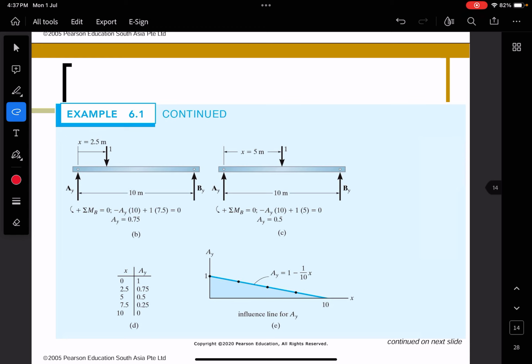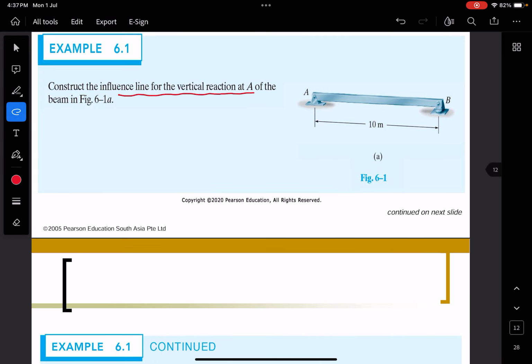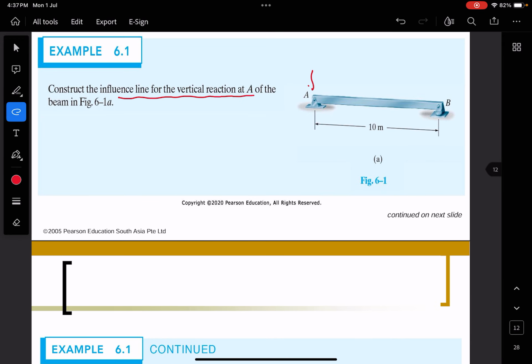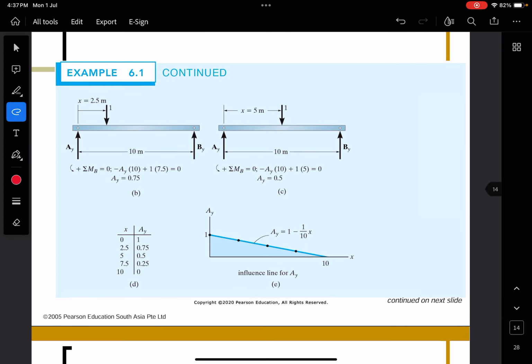In this example, they place 1 unit load first at x equal to 0, and then you need to calculate the reactions. Then put all the values in the table.